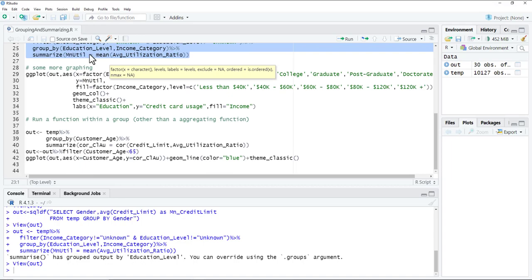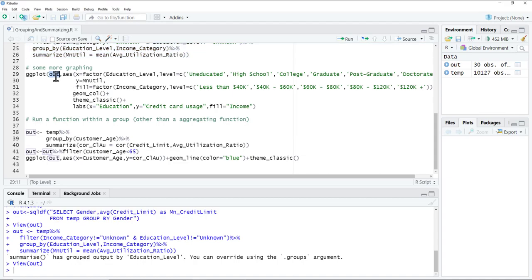So we could graph this, and I want to show you a few new graphing options to make it fun to do. Here I'm going to use the data frame I just created that has the mean average utilization ratio by education level and income category level. Most of this you've seen before.